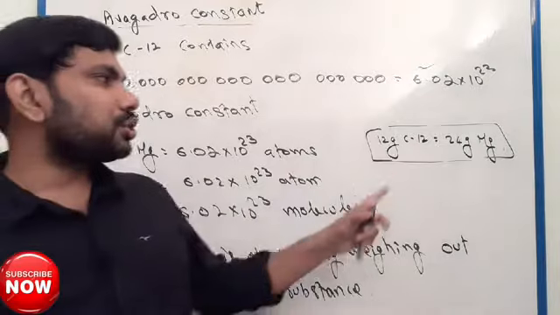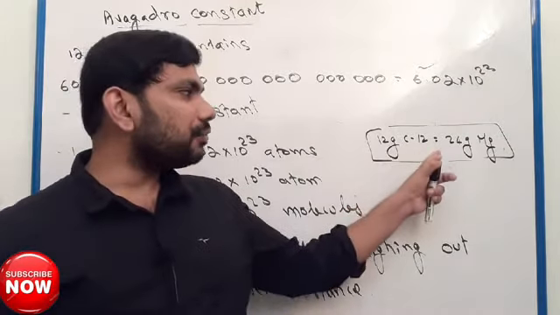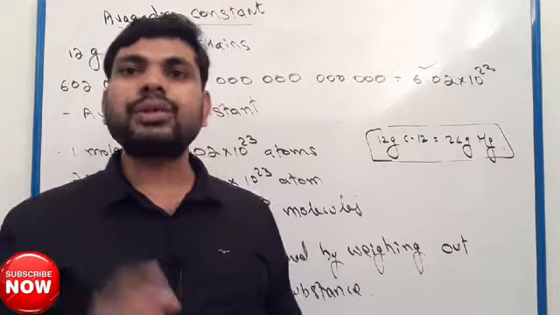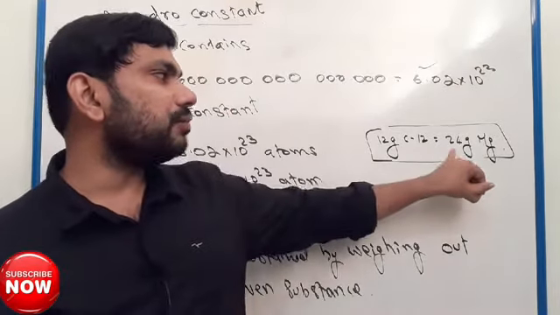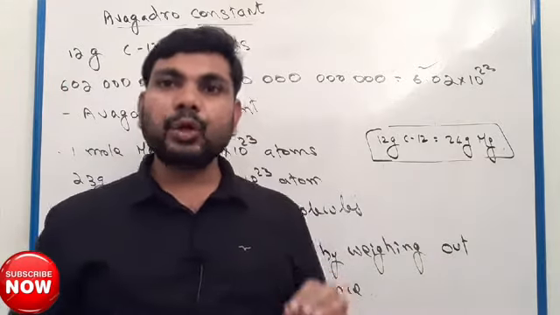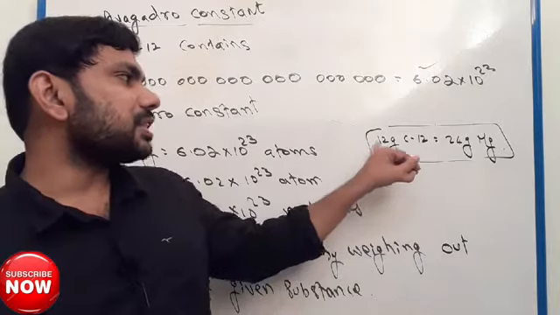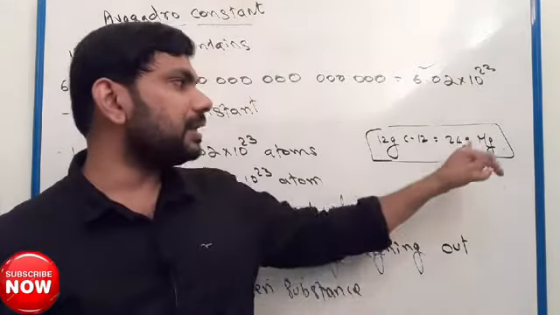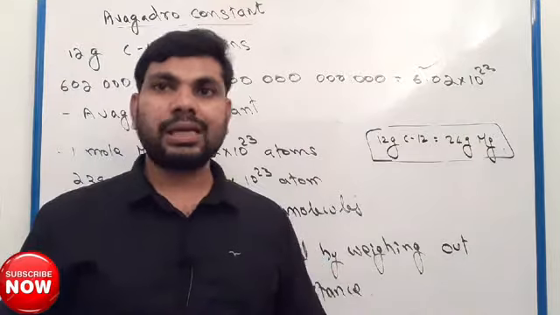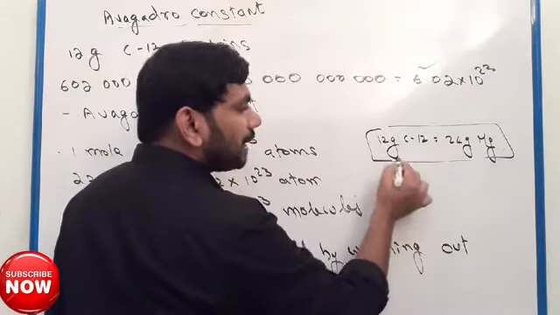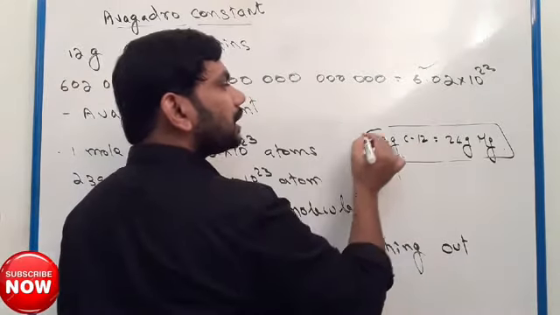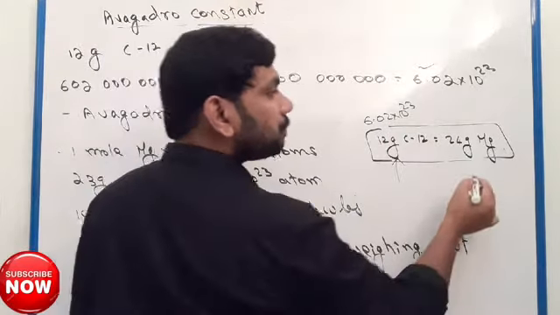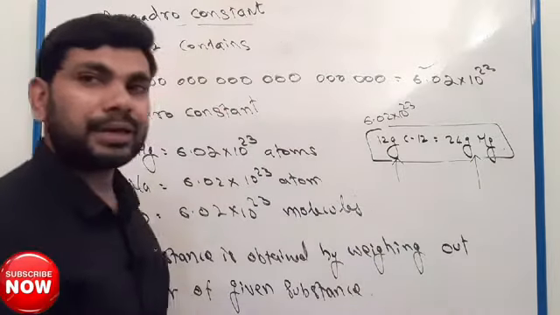We discussed before that 12 gram carbon 12 and 24 gram magnesium contain the same number of atoms, and they are 1 mole substances. So how many atoms will there be in 24 gram magnesium?